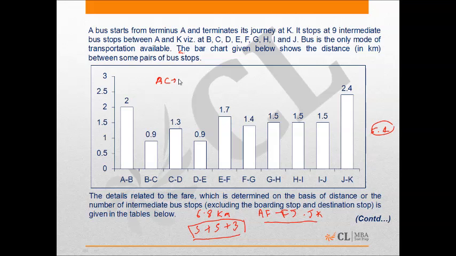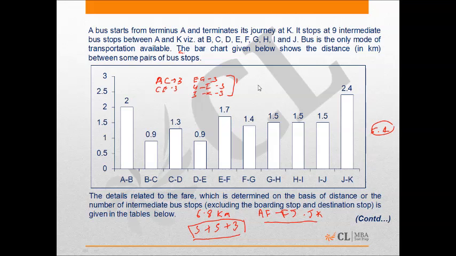2.9. So A to C rupees 3, and then C to E again rupees 3, and similarly E to G rupees 3, G to I rupees 3, I to K rupees 3, and we need to repeat the same for the return journey.